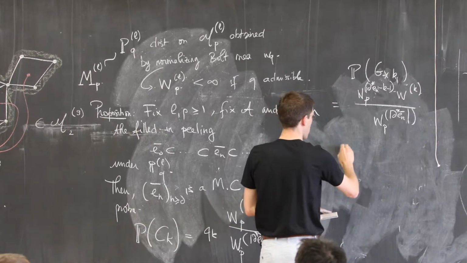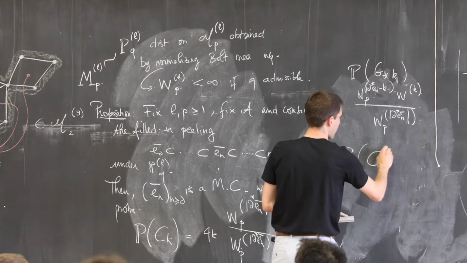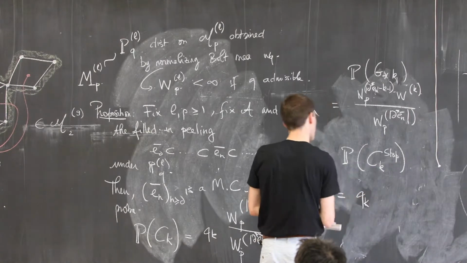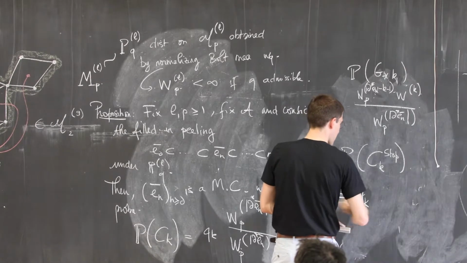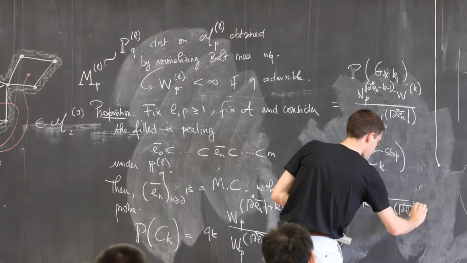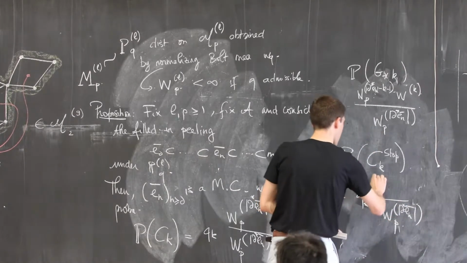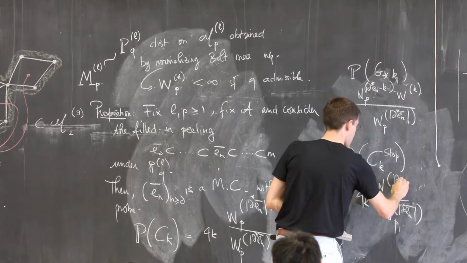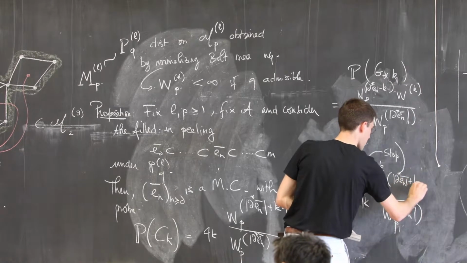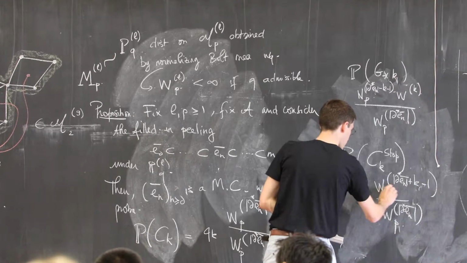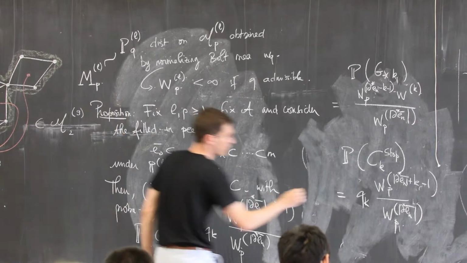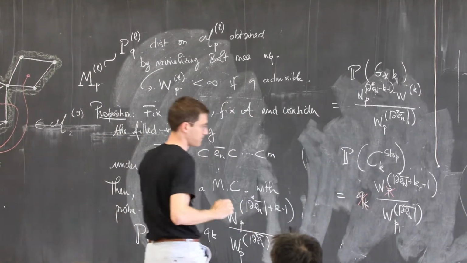And last case, the probability to see the event C_k stop is equal to q_k, and I always start from this W_n star, p, and here I need to put W_n star plus k minus 1 and p, and let me erase them in red to be sure that there is no p and no q_k.